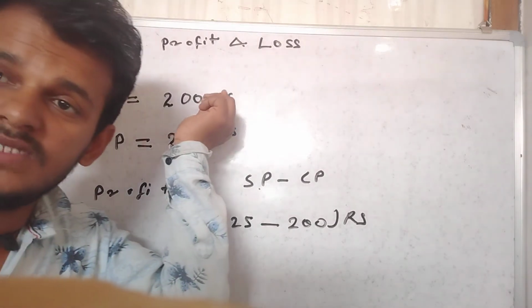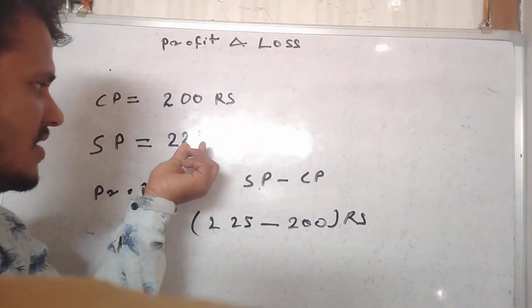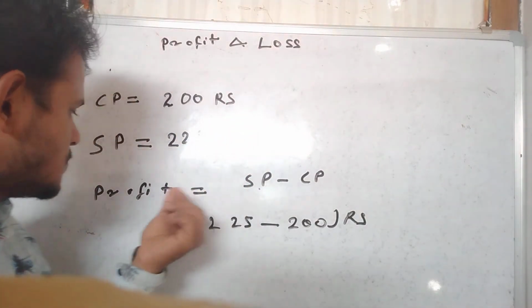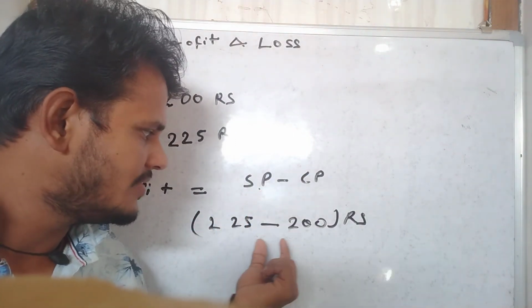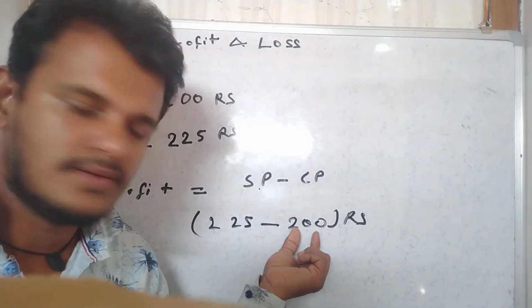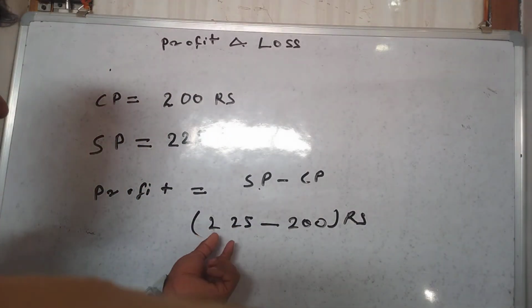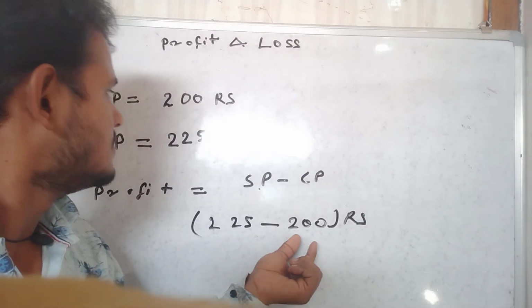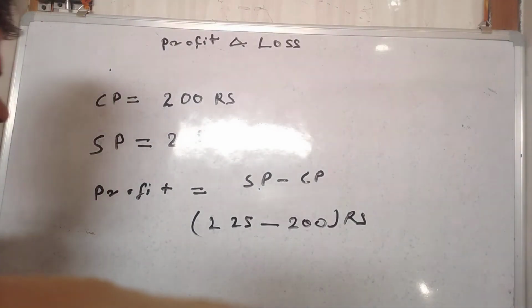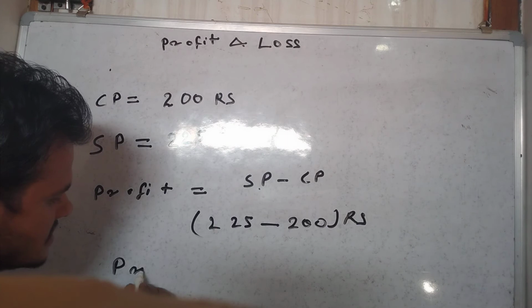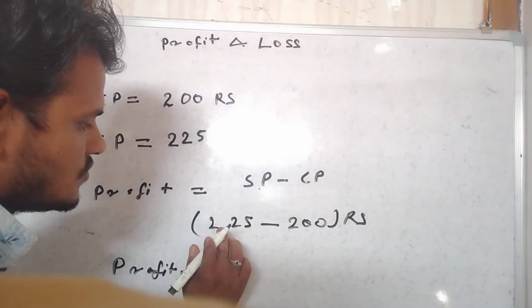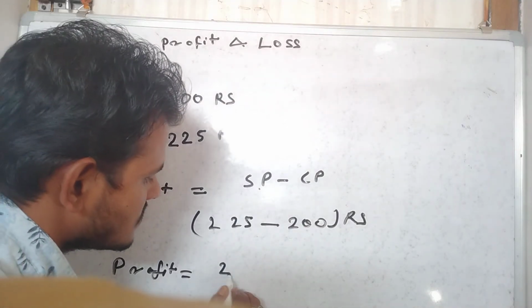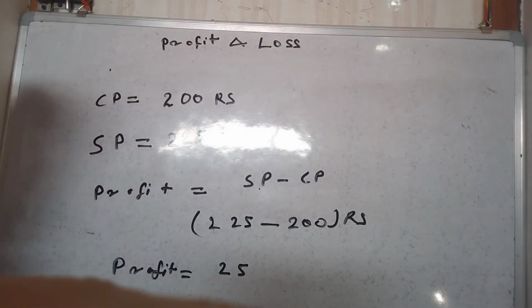So profit equals 225 minus 200, which is 25. So our profit is 25.